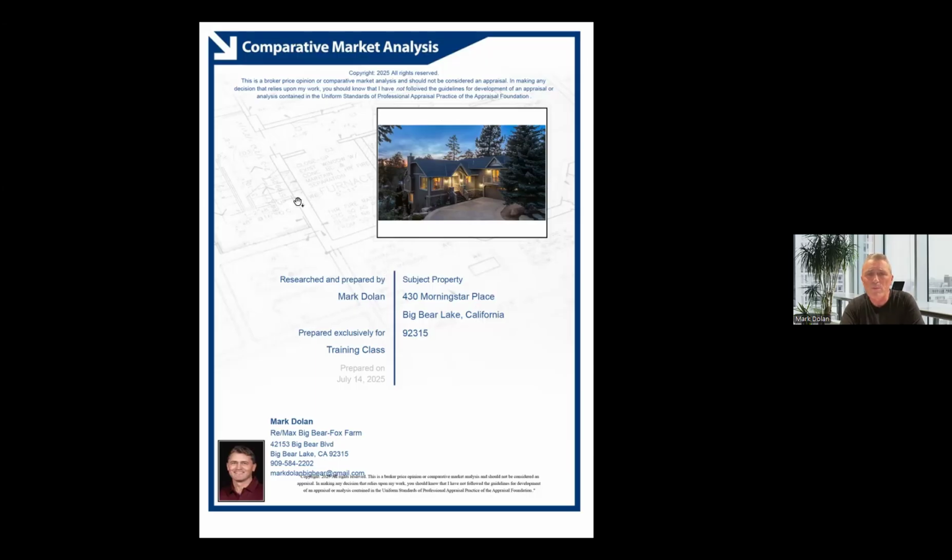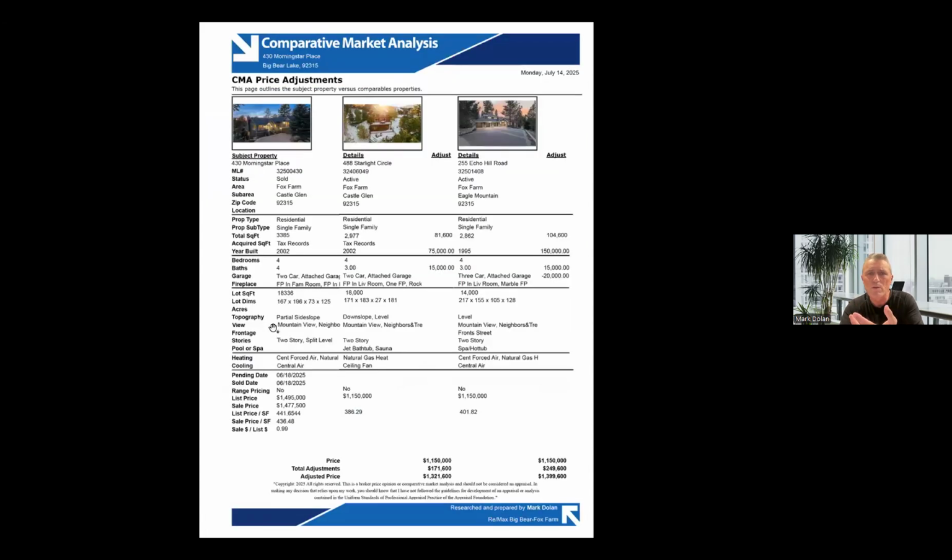But for the purpose of what we're talking about, this CMA, you have a cover sheet. There's my high school picture for all of you that want to know what I looked like 25 years ago. And so we're going to start getting into the comparative market analysis part of the CMA. Is there anybody that uses this particular form for their CMA?